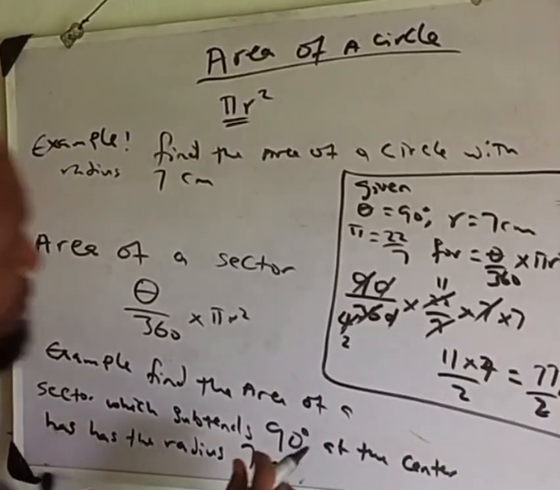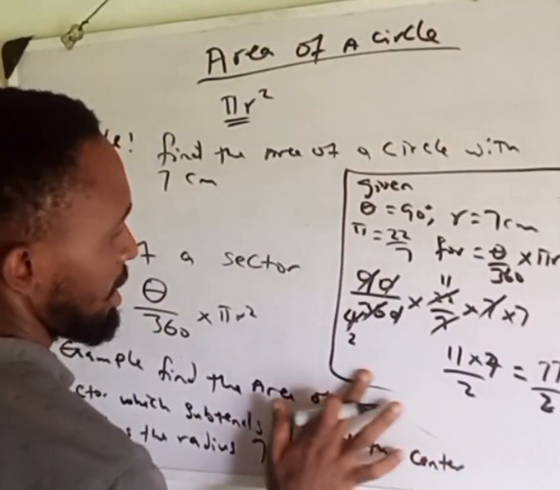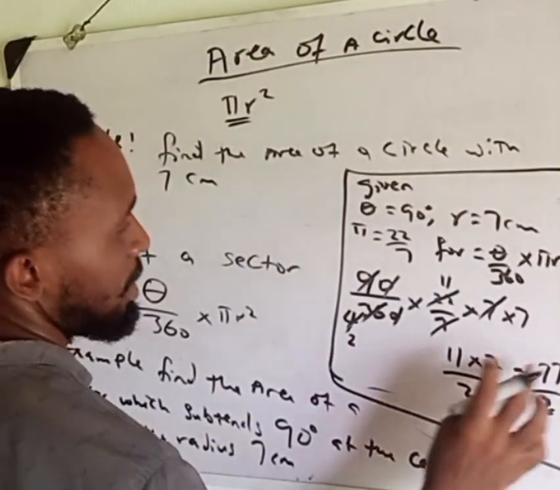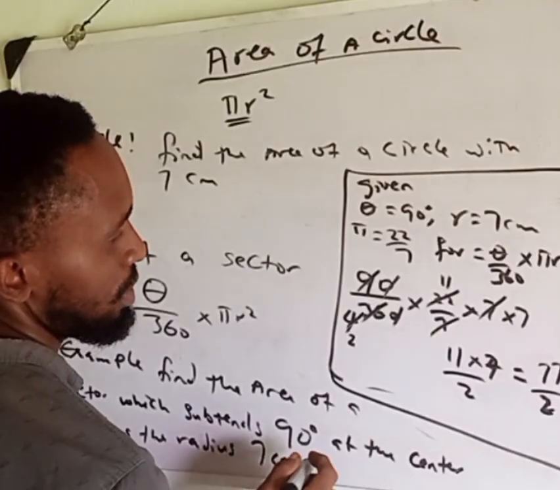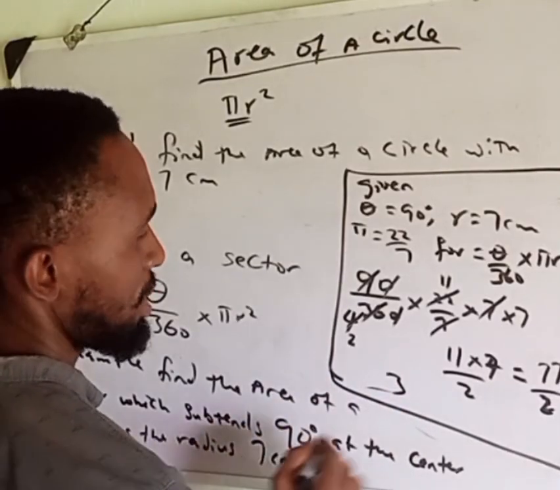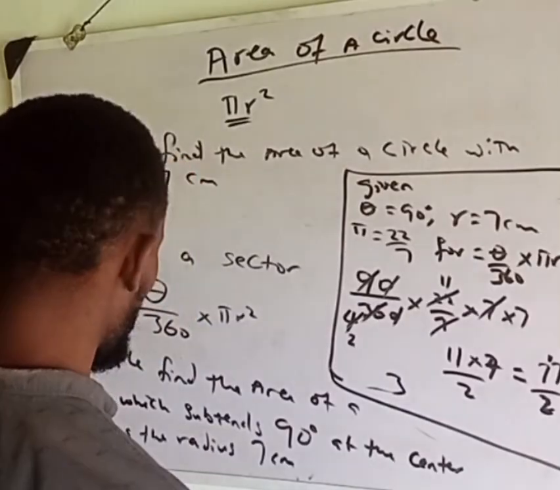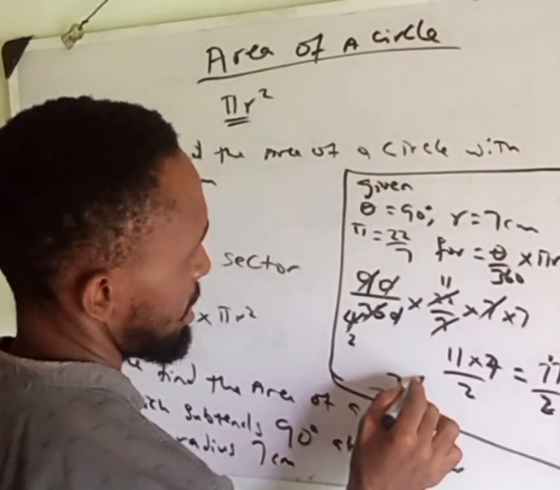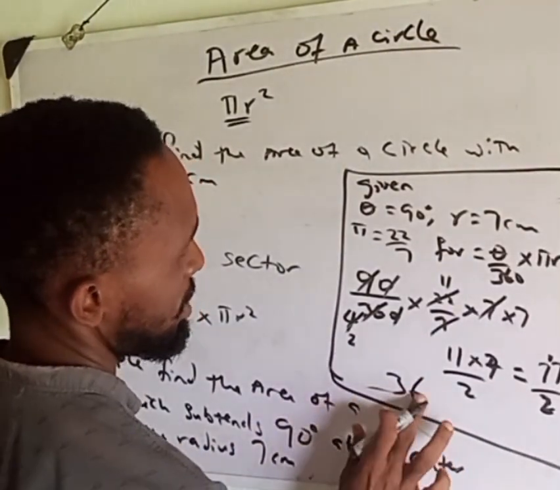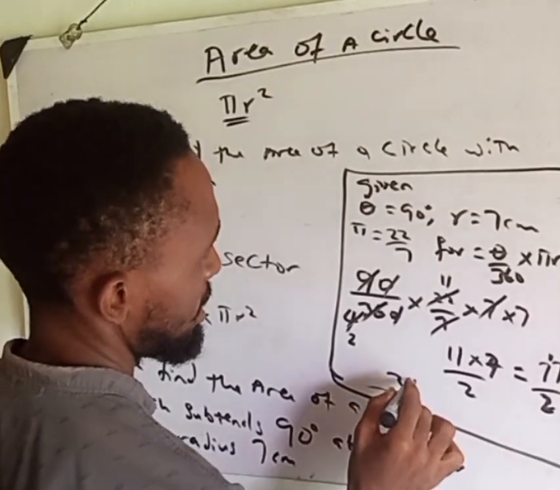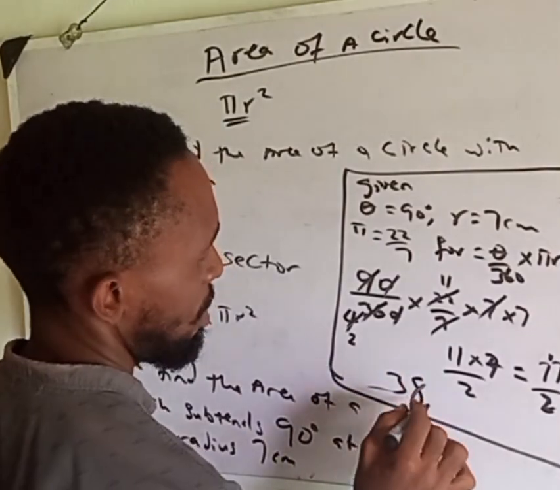If you want to simplify it further, let's simplify it further. 7 divided by 2 is 3, remainder 1. Put that 1 here. 17 divided by 2 is 8, remainder 1.